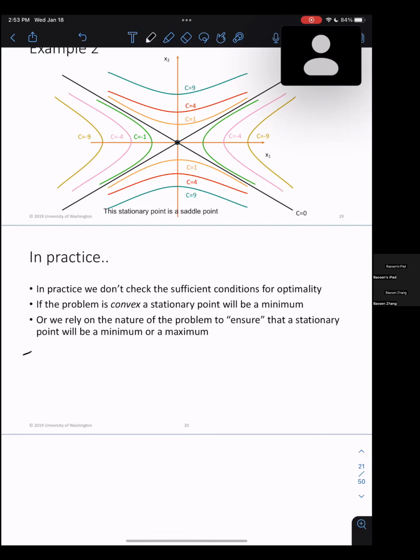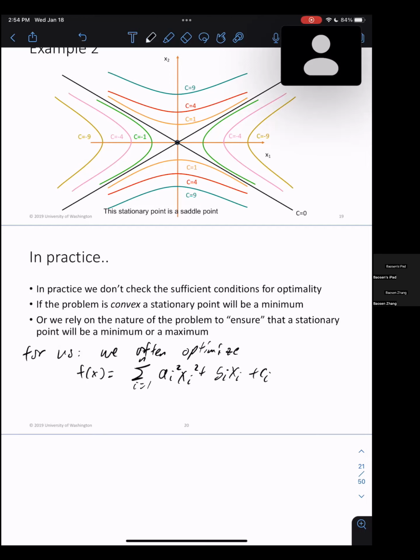So for us, we often optimize functions of the following form. So what we tend to minimize is this type of function.